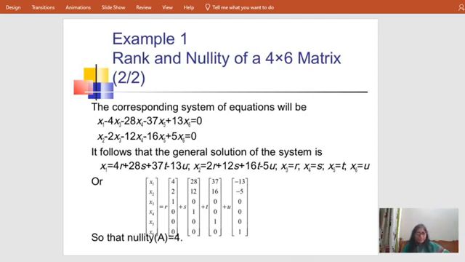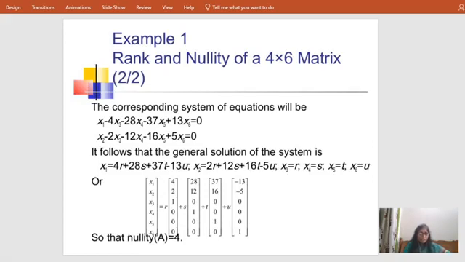The variables x1, x2, x3, x4, x5, x6 have the solution set as r into the coefficients of r: from the first equation, x1 is equal to 4r, second equation 2, for x3 you are taking r coefficient as 1, and x4, x5, x6 don't have r.